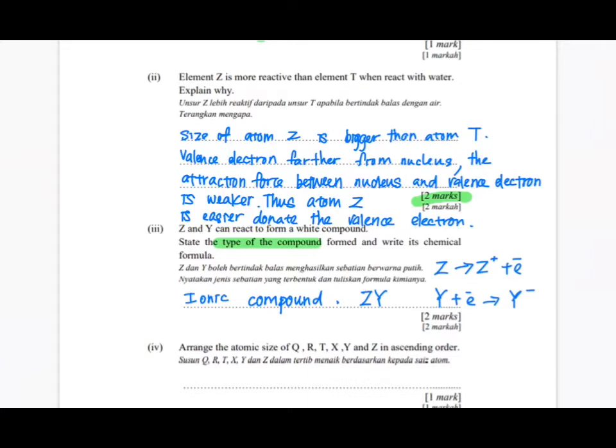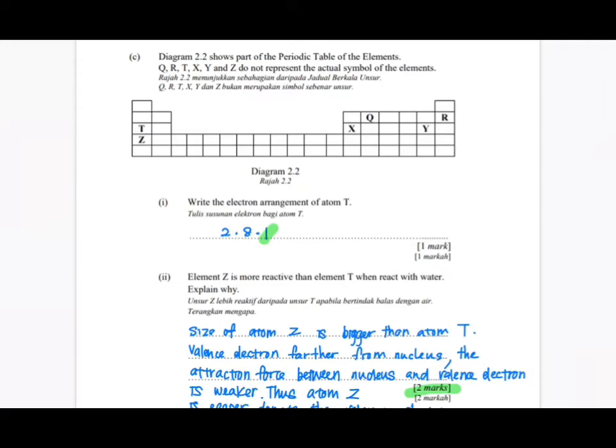For part 4, arrange the atomic size in ascending order. Okay, now we have the elements in period 2, period 3, and period 4.